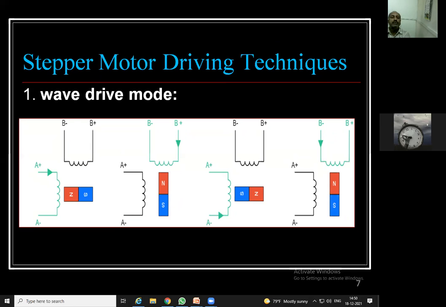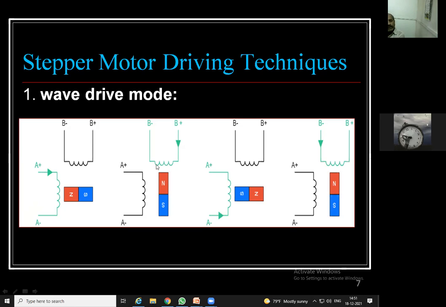The green color shows when a coil is energized. As shown in this diagram, coil A is energized, and the magnet internally, the rotor, takes its position this way, N and S. It gets attracted by the electromagnetic field, and due to that its position will be horizontal. At that time the B coil is de-energized.